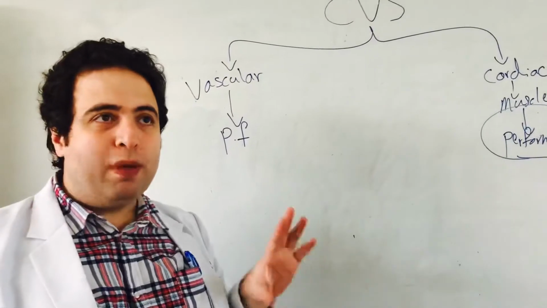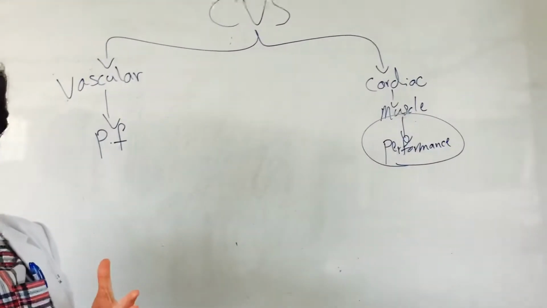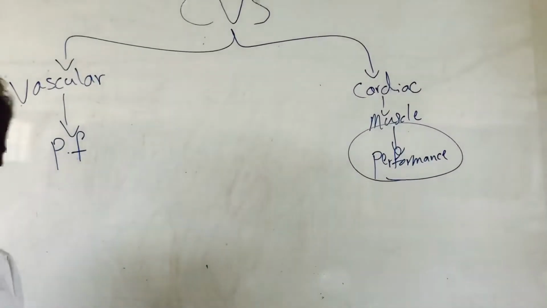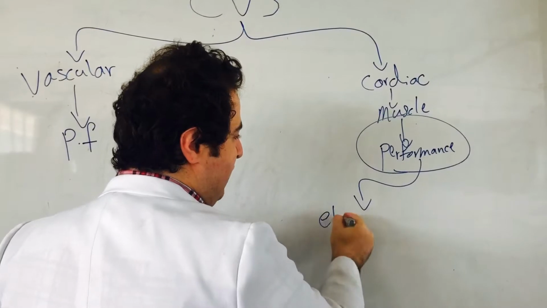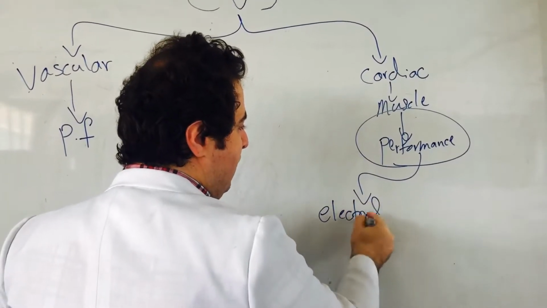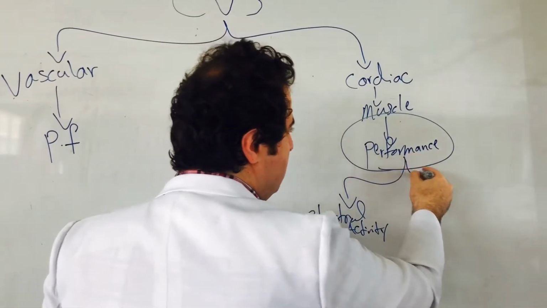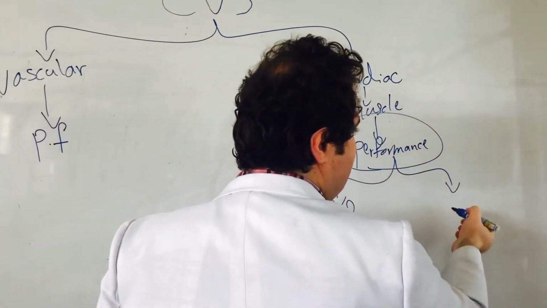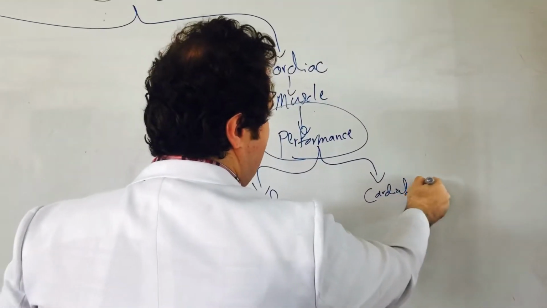The performance of cardiac muscle will be known by electrical activity in that muscle, and also the output of that muscle. So I am writing cardiac output.